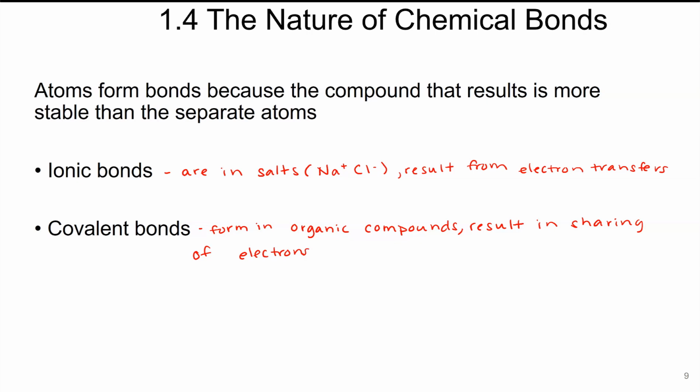In ionic bonds, the sodium gives its electron to chlorine, and chlorine holds on to it. In an organic compound, the electrons are shared equally between the 2 atoms.